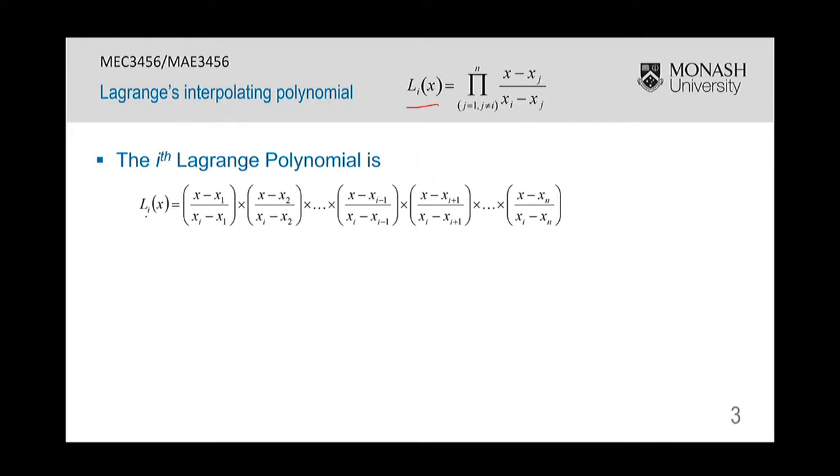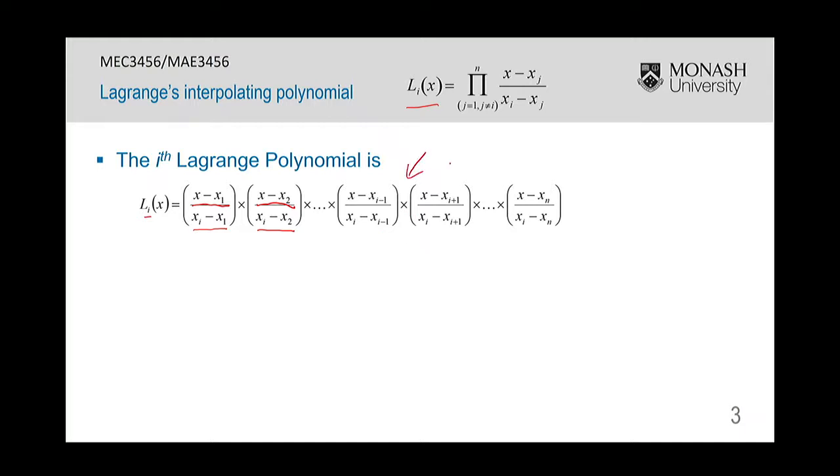So, for the ith point, the polynomial is x minus x1 divided by xi minus x1, times x minus x2 divided by xi minus x2, times, and we keep going down until we get to the point xi minus 1.